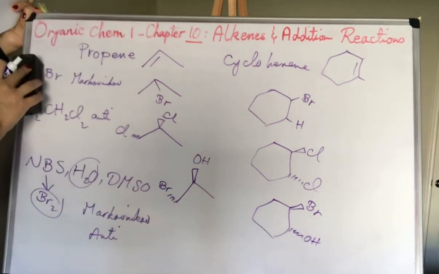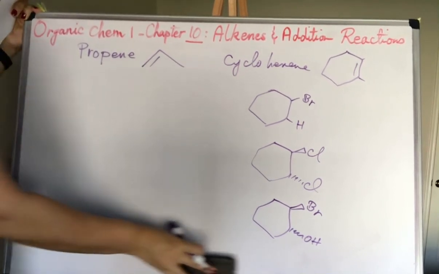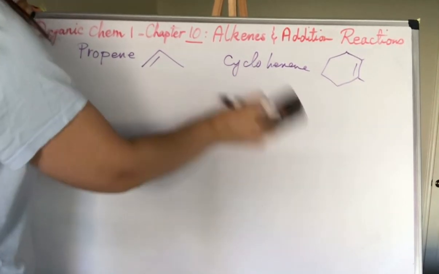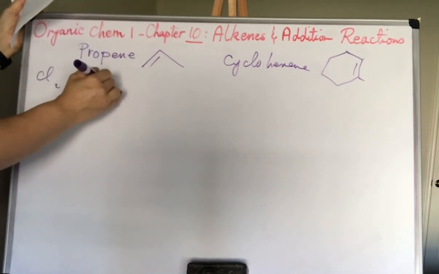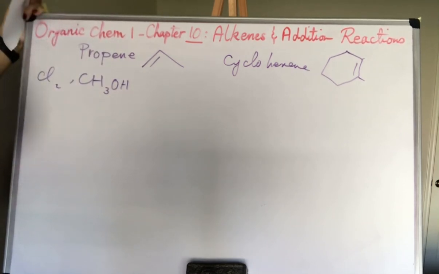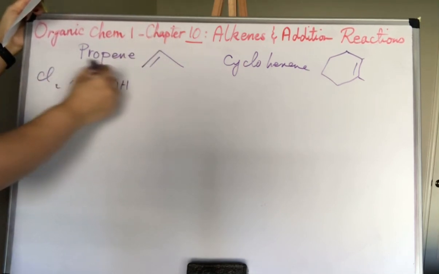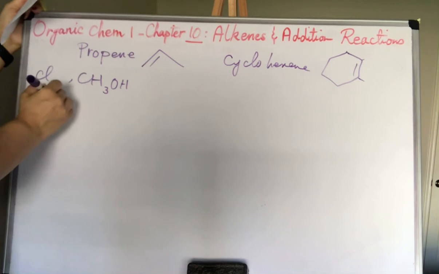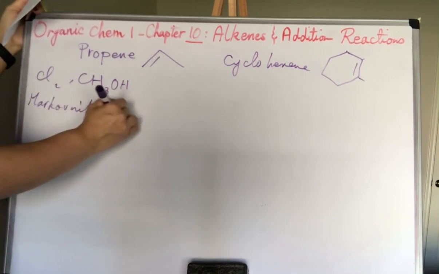The next one is, I told you I'm going to go over just some of them, but I'm going to go over everyone. It's just the addition of an ether. So the same, Markovnikov and anti.